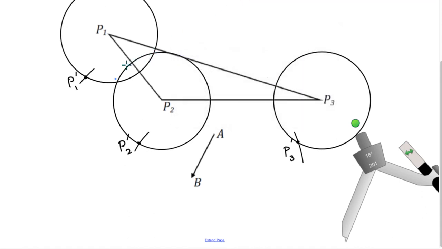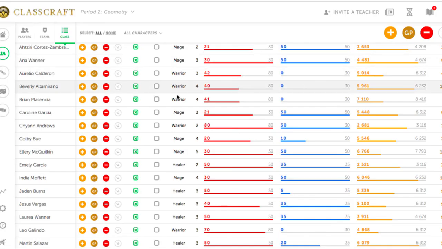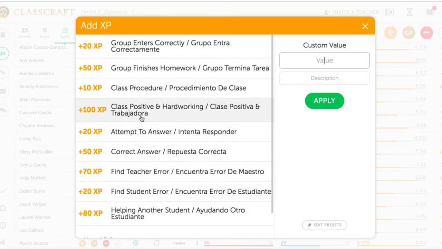Make a line between where and where? P1 or P1 prime? P1 prime? Okay. So just connect all the points like that. Atziri, turn in your participation card. Good job.